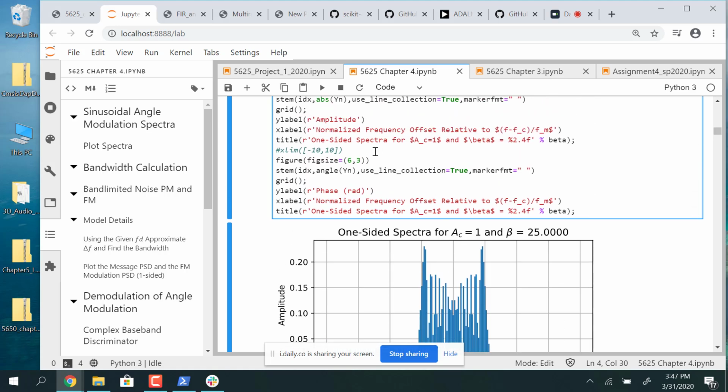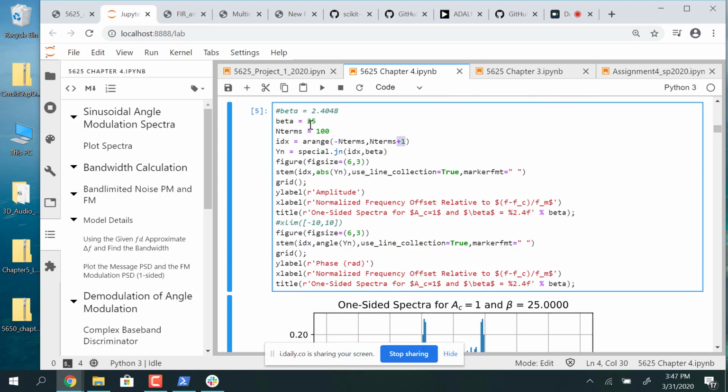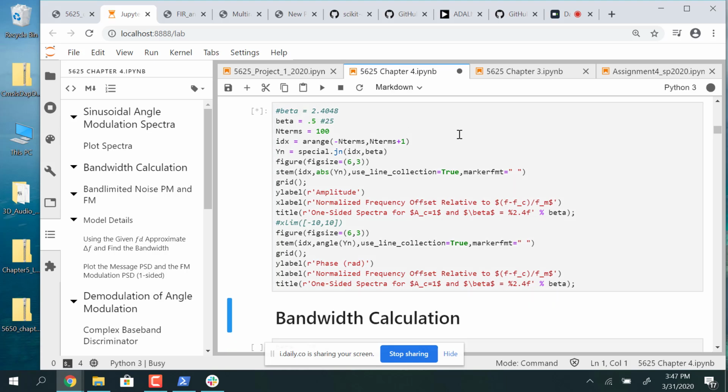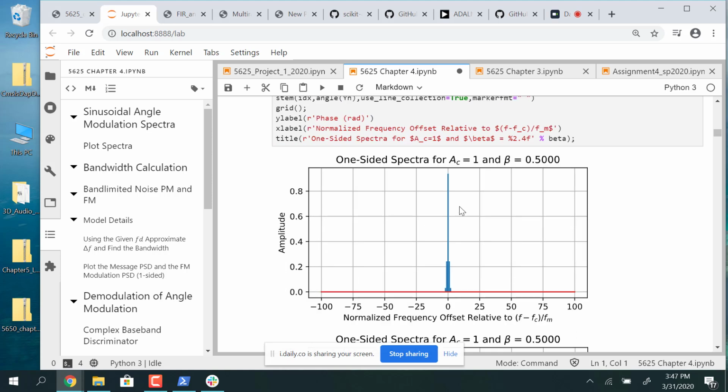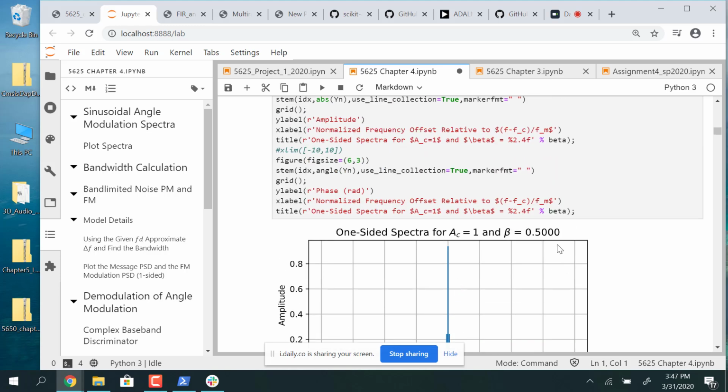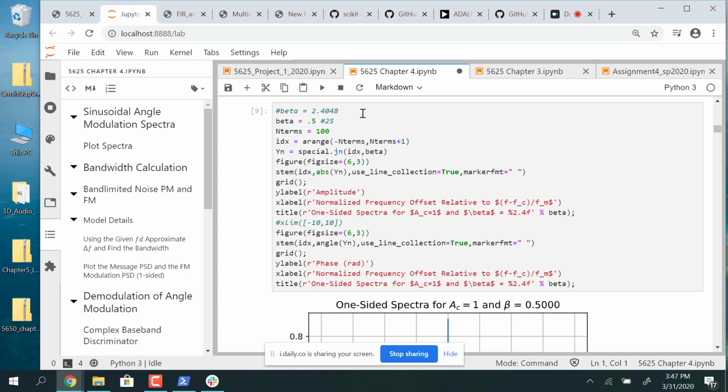So this is the way I left the notebook from a while back, so I'm just going to put in a small value of beta, say 0.5. And so we can see that we have a strong carrier component, and then we have a few sideband pairs. I could zoom in on those pairs, but this is for beta equals 0.5.